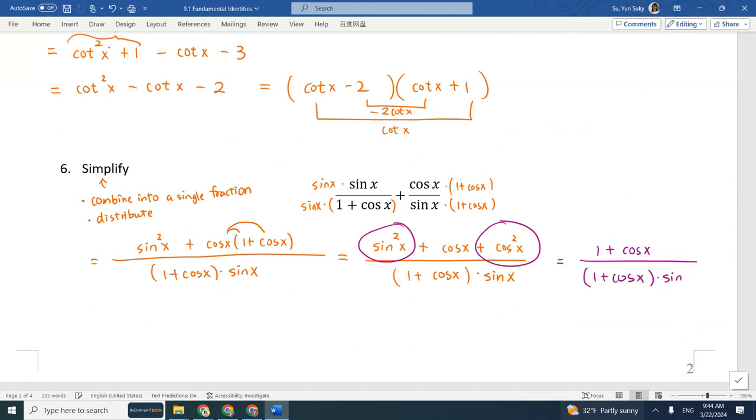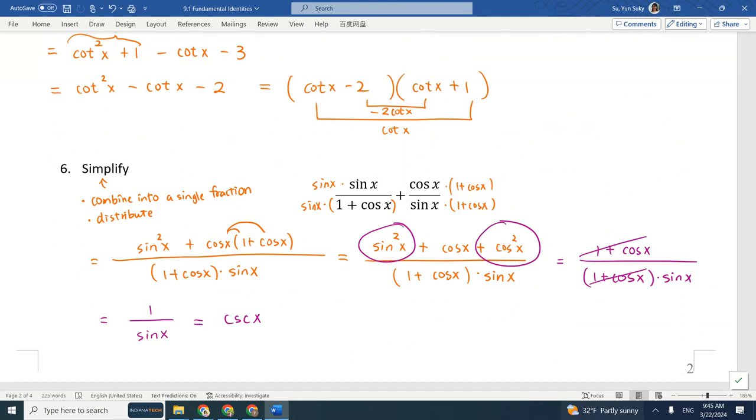Oh, what happened? Cancels. How nice. We get what's left on the numerator. Yeah, that is cosecant x. We can simplify that complicated expression to a single trig function.